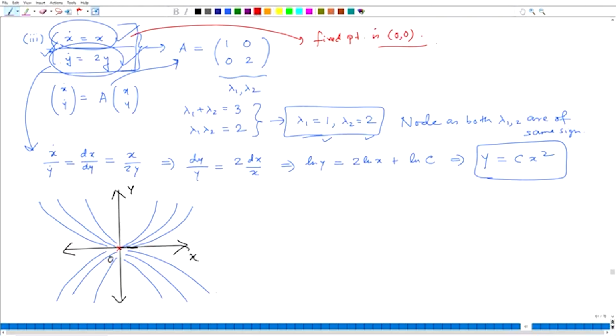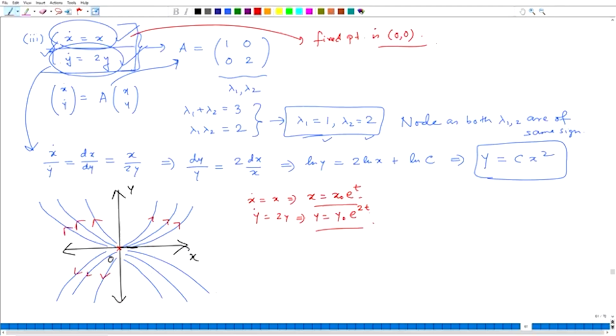And since you can now solve them, x dot equal to x is nothing but x is equal to x 0 e to the power t, and y dot equal to 2y is nothing but y is equal to y 0 e to the power 2t. So, you can simply say that although the phase space trajectories are no longer straight lines, both of them are increasing the amount of perturbation with time, and that is why we can draw this with outward arrows.